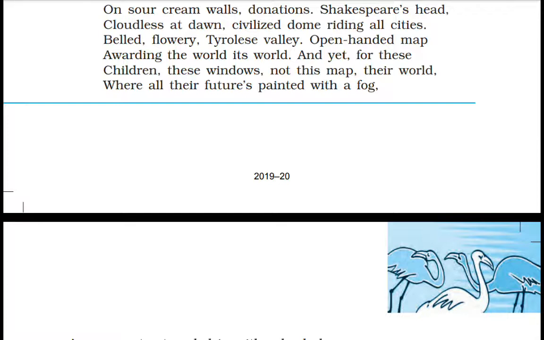Now here, why has far far been repeated? The word far far has been repeated twice to stress the gap between rich and poor. They have a big gap between them.